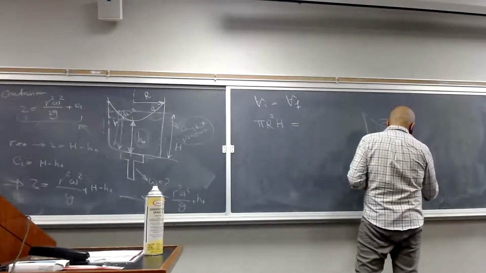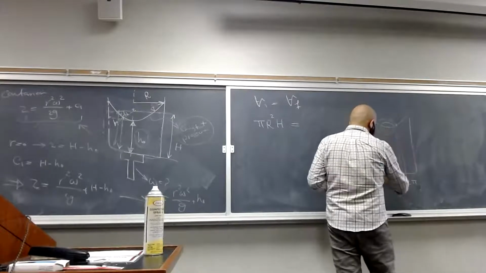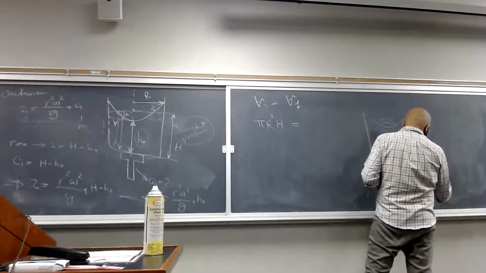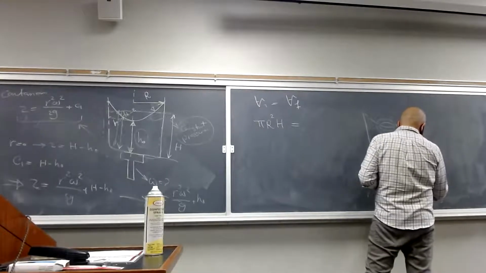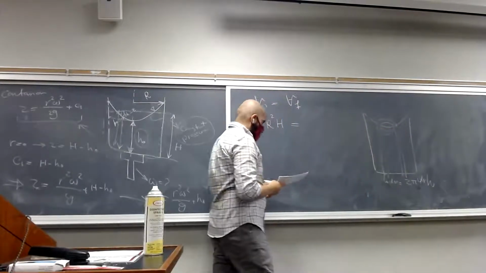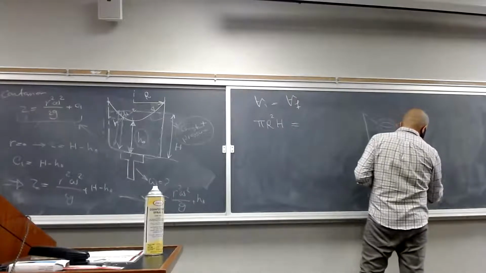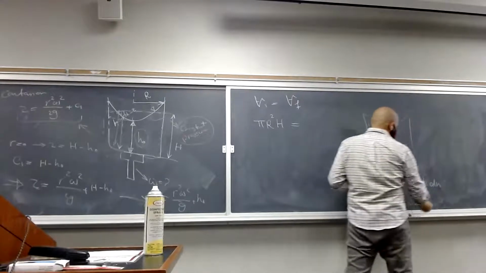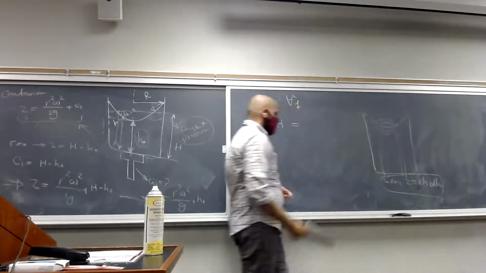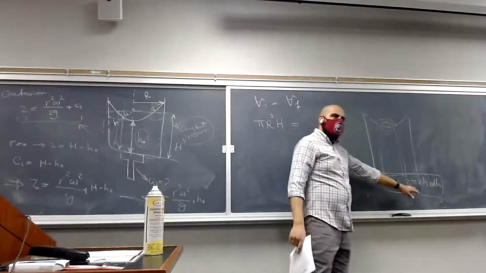What is the volume of this? This surface area multiplied by this length, which is going to be 2 pi R dr H. Do we understand where this small elemental volume comes from, or no?